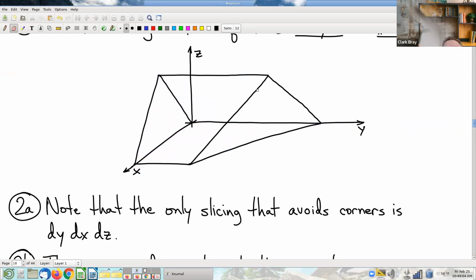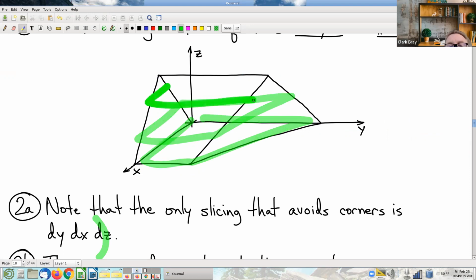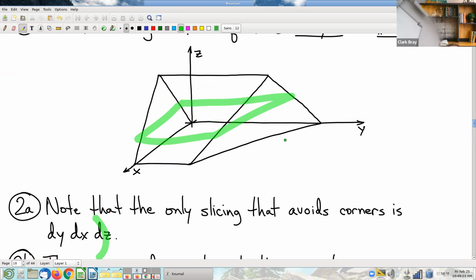All of these are vastly inferior to the clear choice, which would be to put z on the outside, and all my slices look qualitatively the same. They all look kind of like that. And let me do a better job of drawing that, actually. Nope, missed. Try it again.